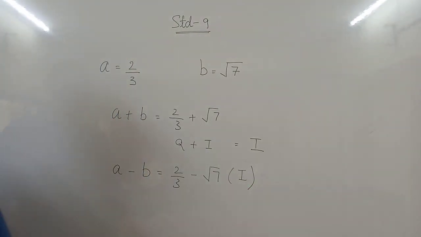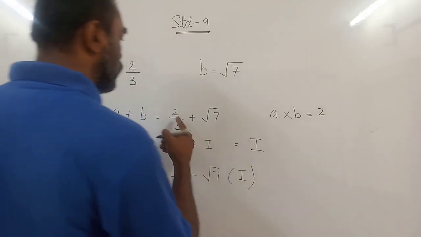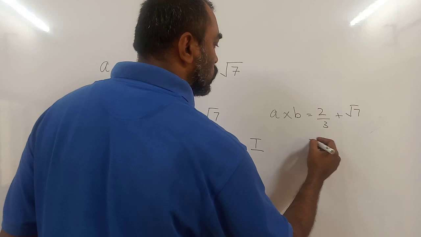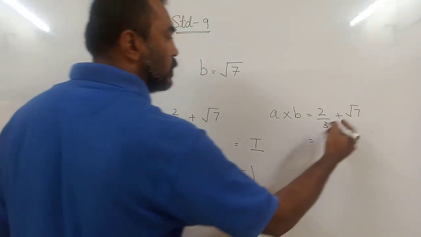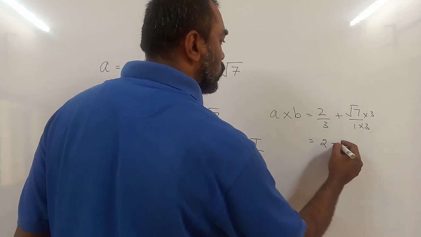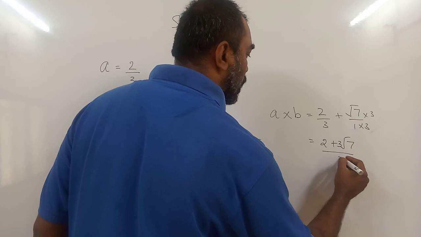Now we can try multiply. A into B is 2 by 3 into root 7. So you take out the LCM, it is 3. So we get 2 root 7 upon 3.